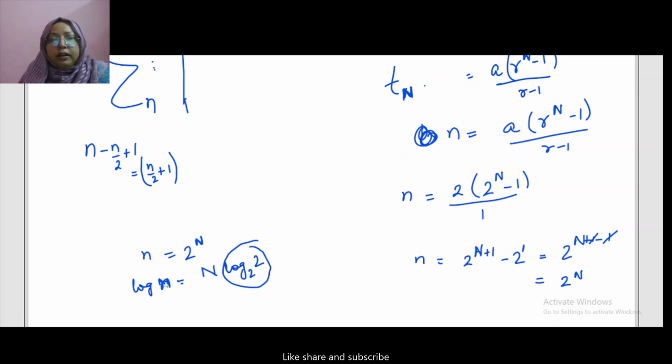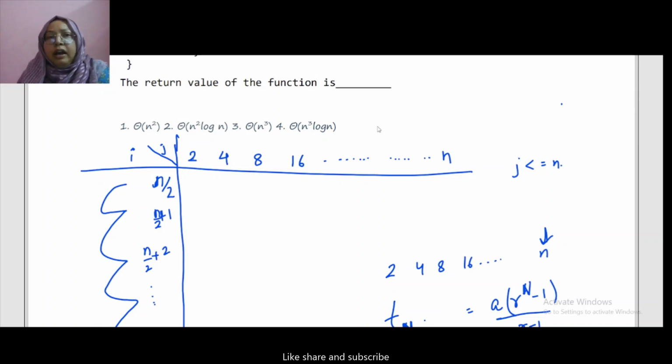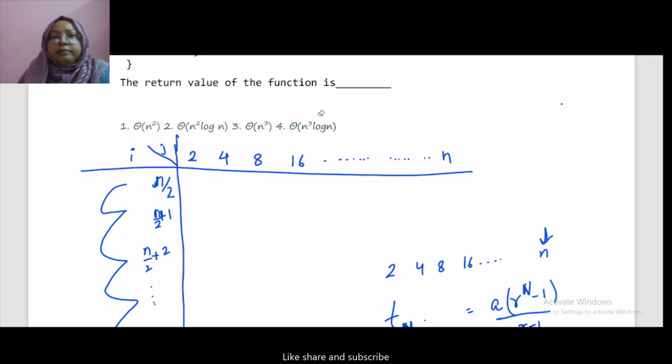Here it is small n. Capital N is denoting the number of terms, so N is log of n. So the number of terms in J is what? How much is it? It is log n. We have just now seen that it is log n.